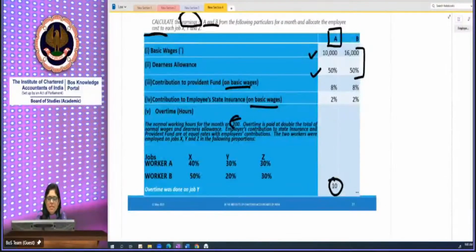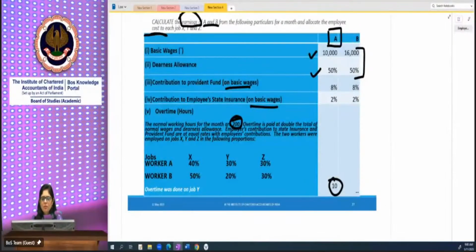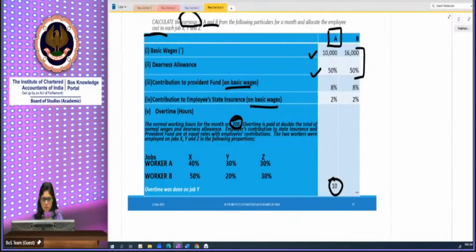And the normal hours are 200. So how much is the total? Basic is 10,000 and 50% is DA. So for A, basic 10,000, then 5,000 DA, so basic and DA comes to 15,000.